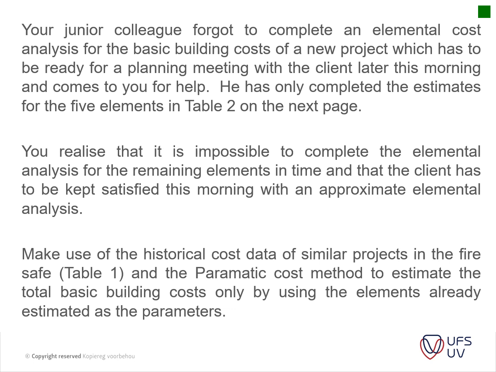So make use of the historical data of similar projects in the file, basically old data that you've got available, and a parametric cost method to estimate the total basic building costs only by using the elements already estimated as the parameters. So the basic thing here is you're going to use the information that you've got available, that you've worked on the project so far, and just fill the gap to get to an estimate, to put something on the table.